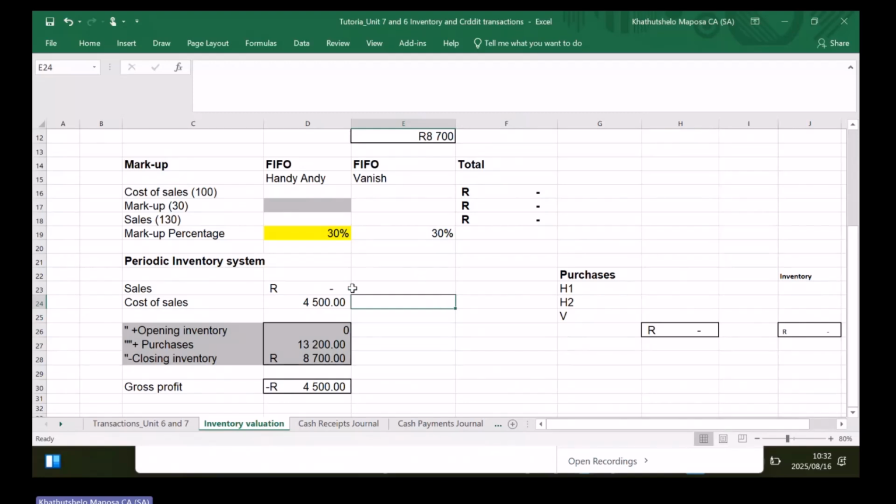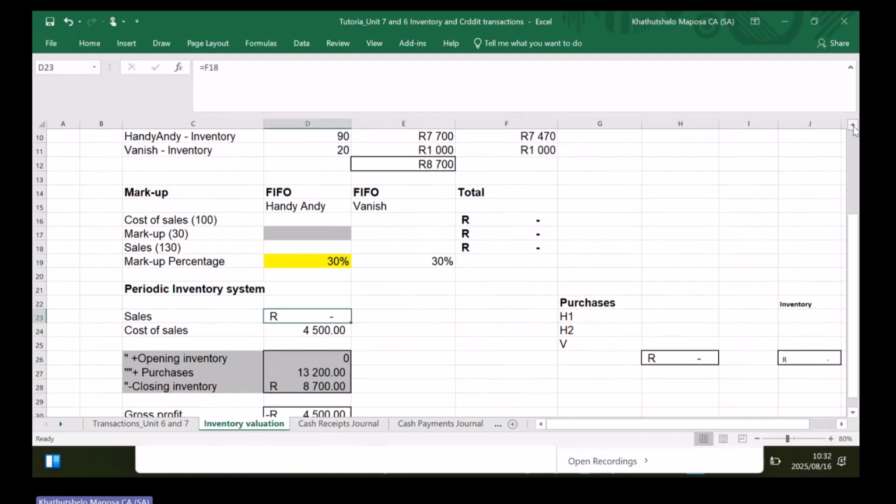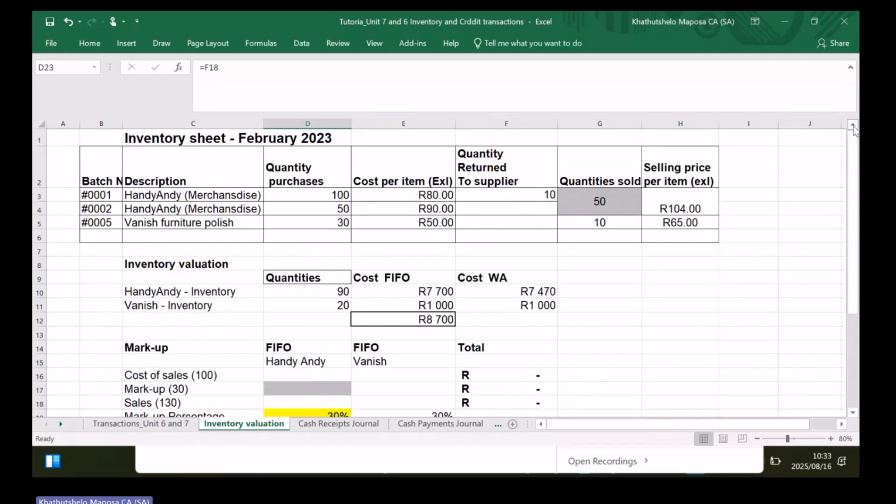So let's determine the sales. We have sold 50 for 104 rands, and we have sold 10 for 65 rands. Can someone calculate for us how much is the total sales? 50 times 104 and 10 times 65. What is the total?